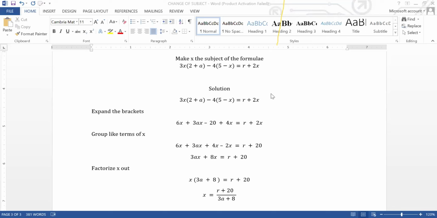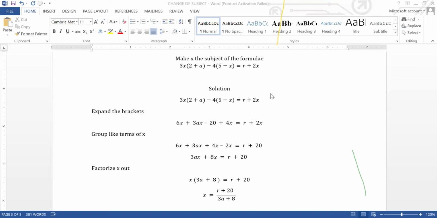Yes, sir. So in the formula 3x into bracket 2 plus a minus 4 into bracket 5 minus x is equal to r plus 2x. So what you first do is that you expand the brackets.